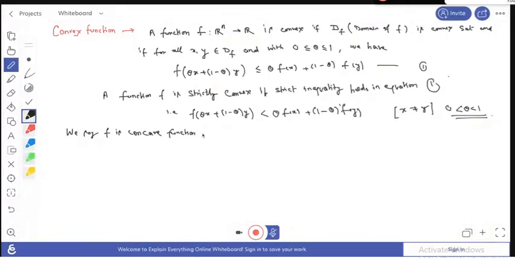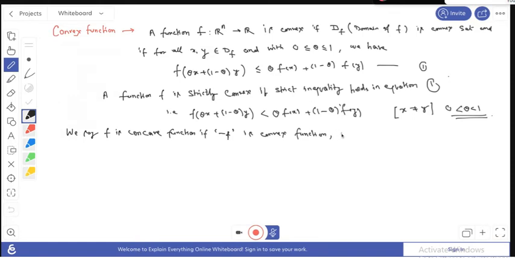If we are able to prove that minus f is a convex function, if minus f is convex, then f is concave. Similarly, strictly concave is if minus f is a strictly convex function.